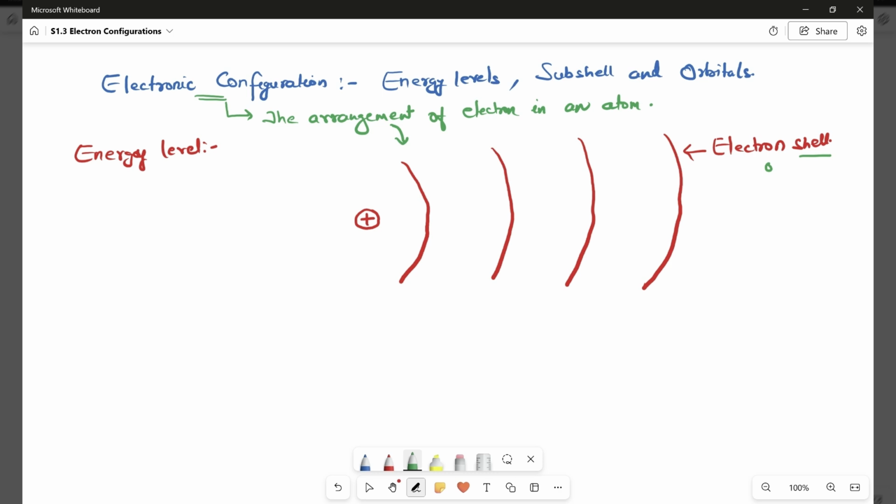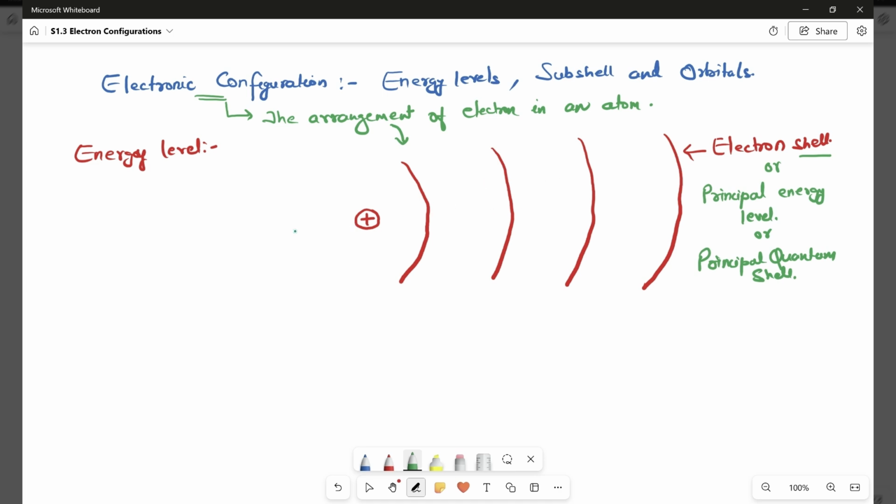This electron shell is also called principal energy level, or sometimes also called principal quantum shell.